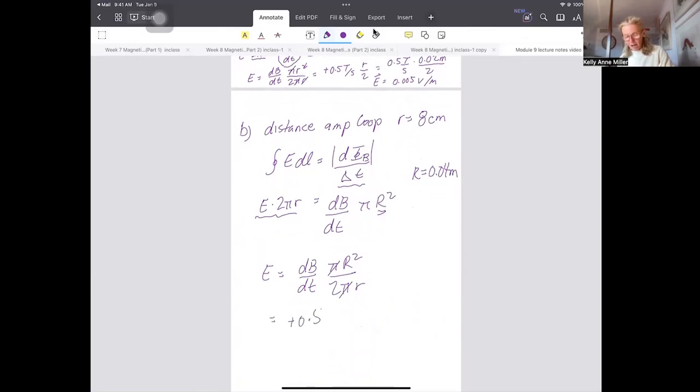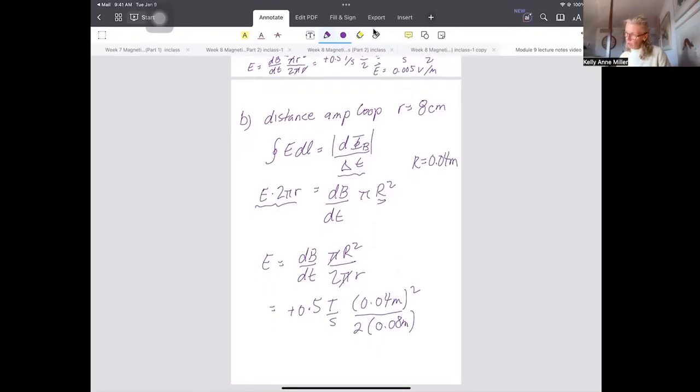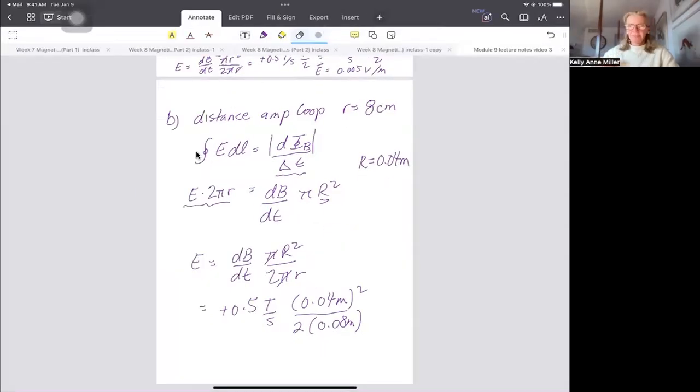So 0.5 Tesla per second times 0.04 meters squared divided by 2 times 0.08 meters. Okay, and that gives you 0.01 volt per meter.